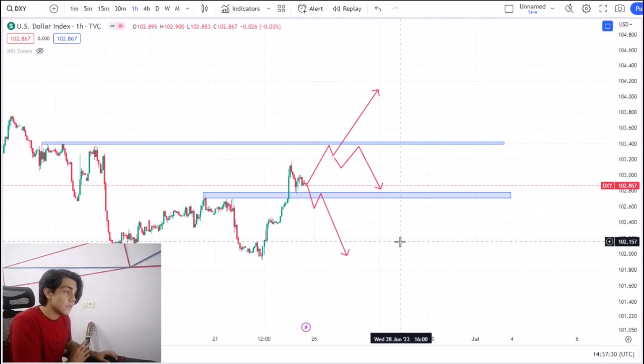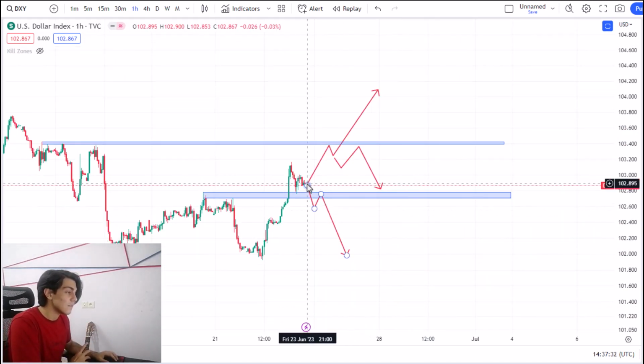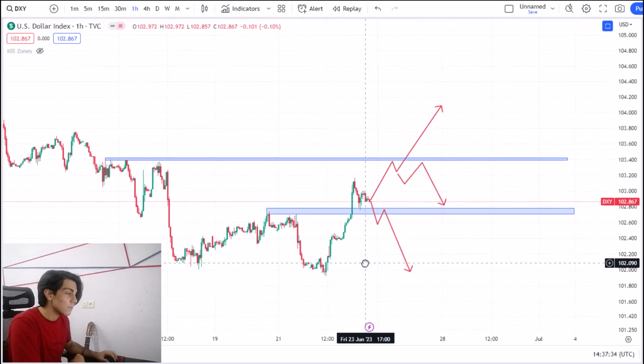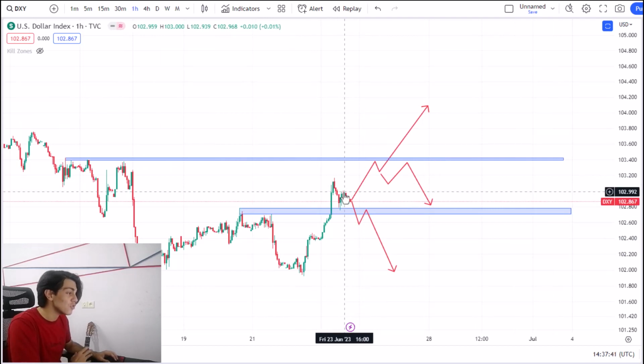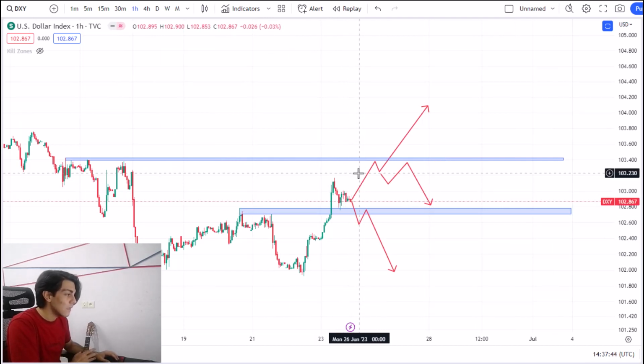But I still believe that the price will fall because it has now turned back to its own level, but it's not showing any bullish momentum, and all that I'm seeing is that bearish momentum is still in its price.